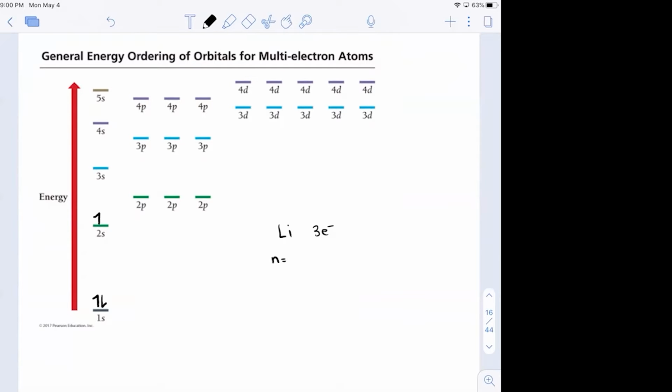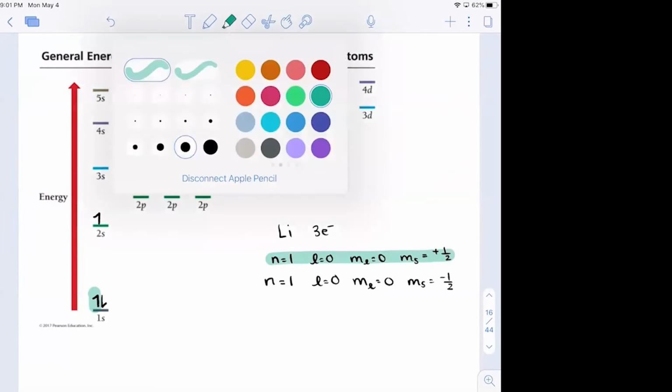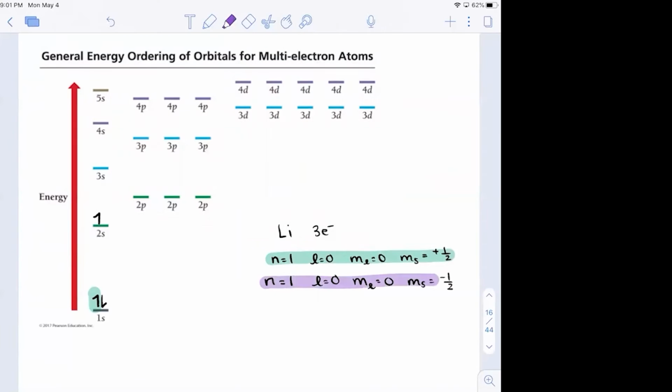I could say that 1 was in n equals 1, l equals 0, ml equals 0, ms is plus 1/2. This guy could be that one. The next one is n equals 1, l equals 0, ml equals 0, and ms equals minus 1/2. That could be my other electron.